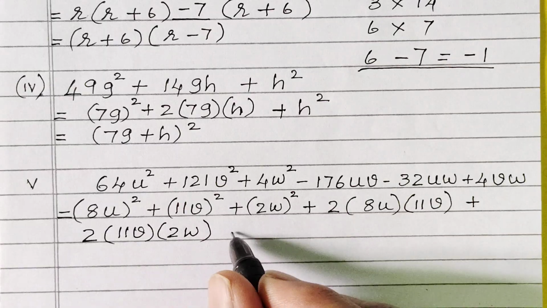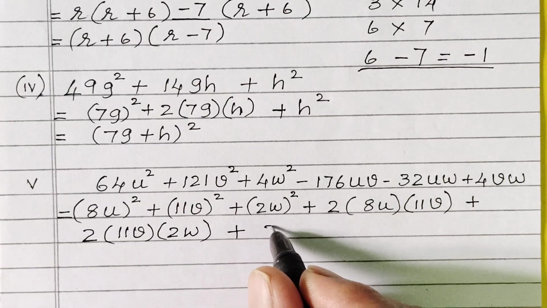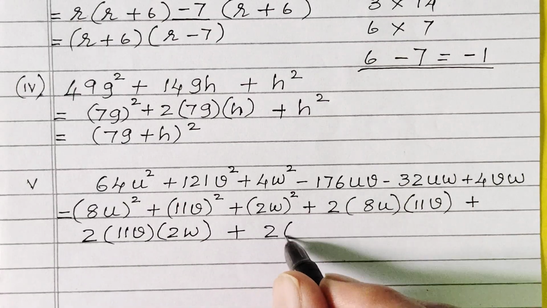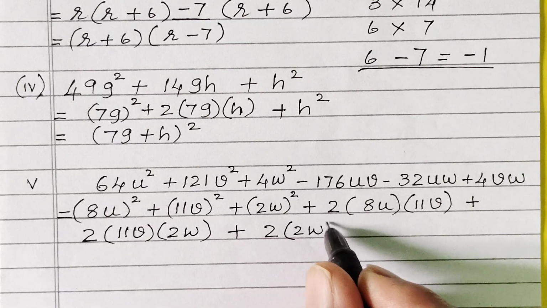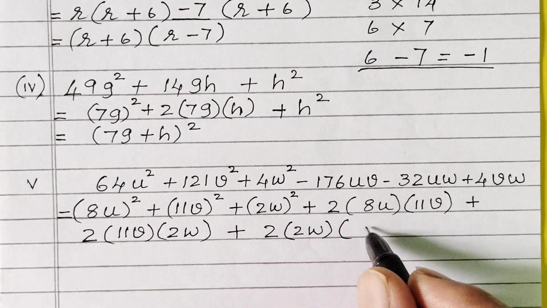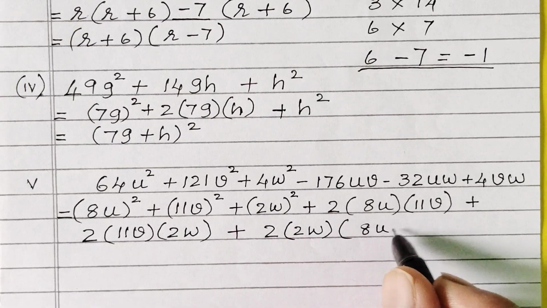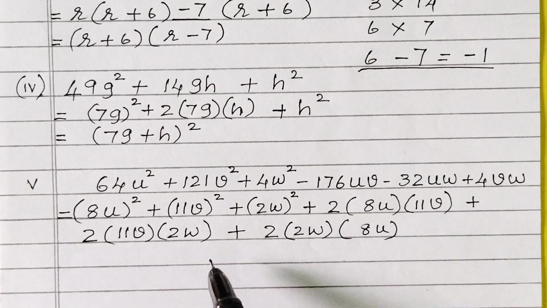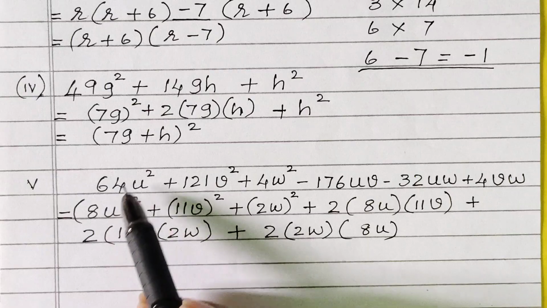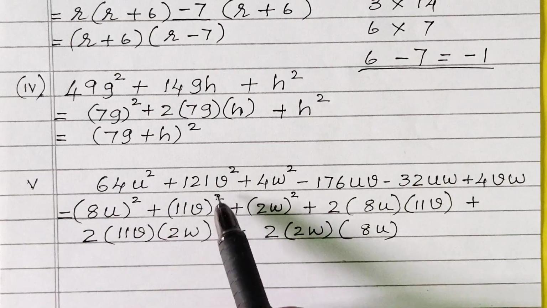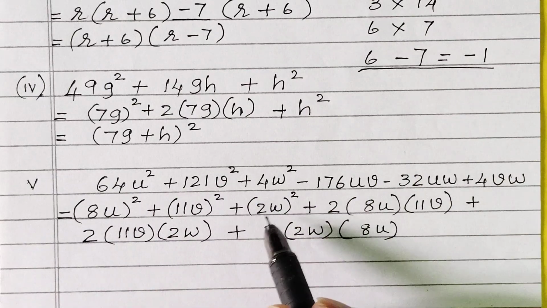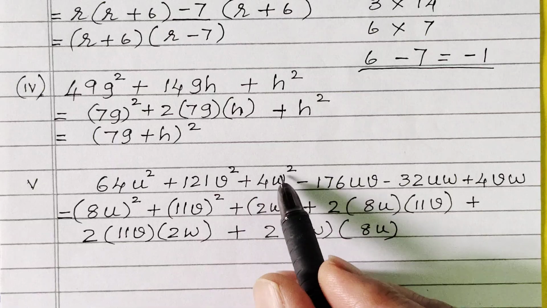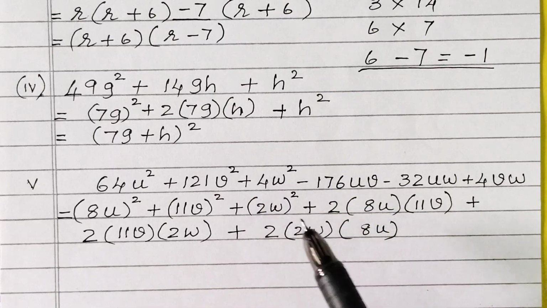Plus 2ca, c is 2w, then 8u. Now watch carefully here. 8u whole square is 64u square, 11v whole square is 121v square, 2w whole square is 4w square.